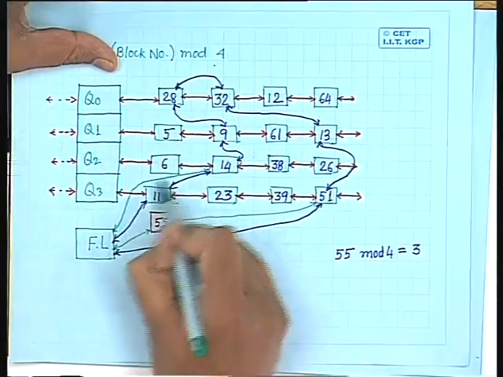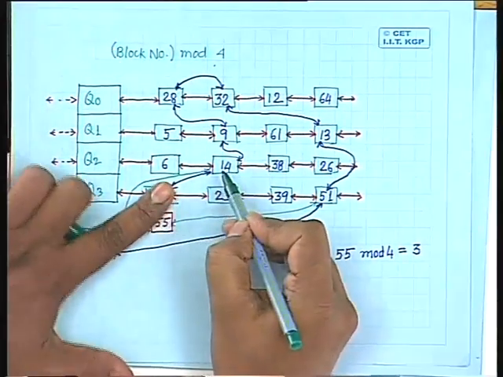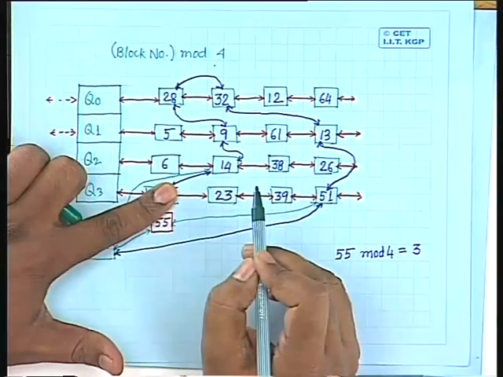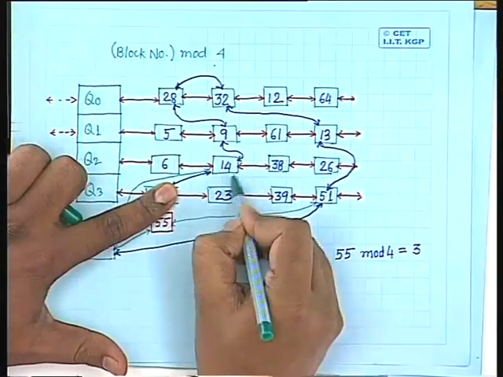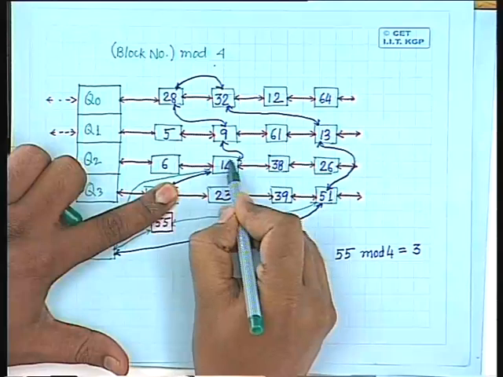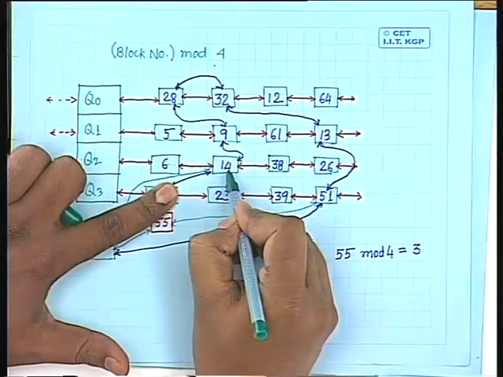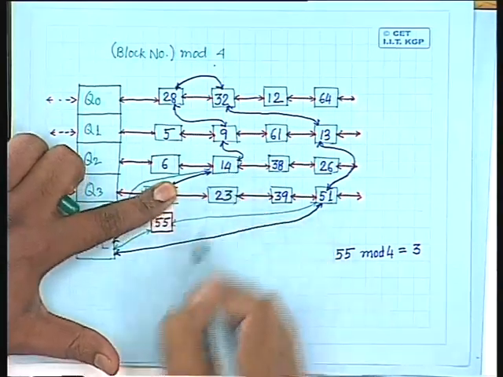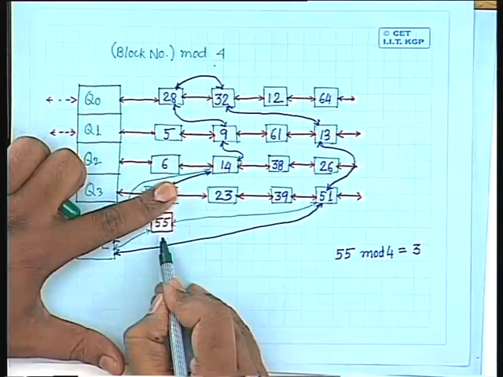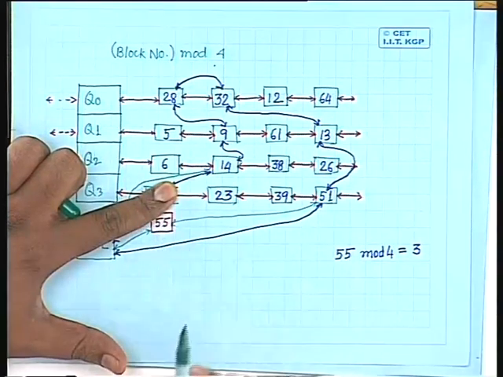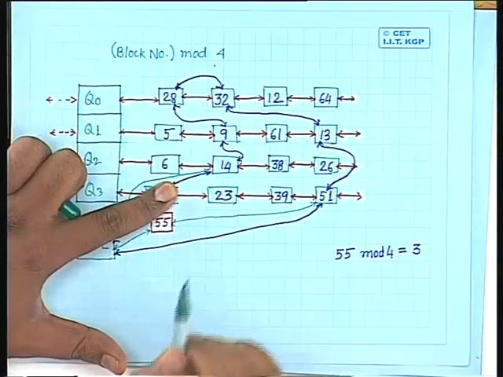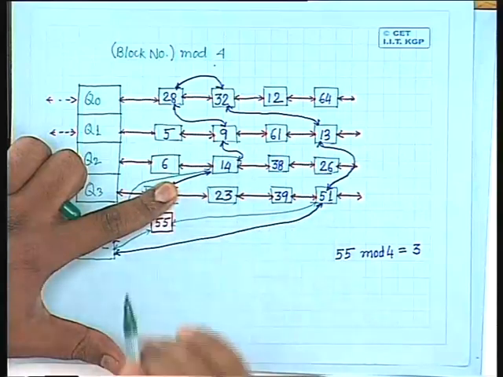But if my situation was like this, suppose this buffer was absent. Okay, so a buffer containing block number 14 is at the head of the free list. Process requests for block number 55. I have to get a free buffer from the head of the free list. Now at the head of the free list I have block number 14.